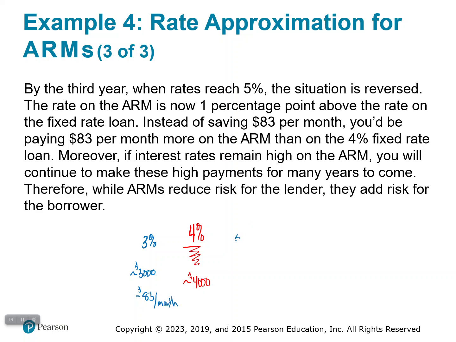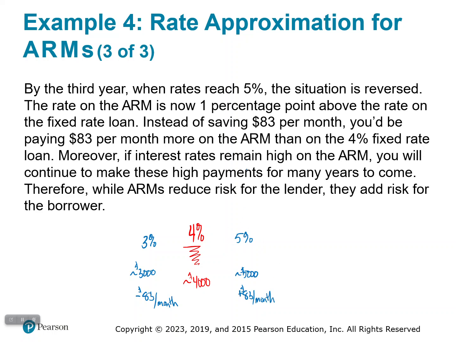But after 5 years, when that adjustable rate jumps to 5%, and we're now paying about $5,000 in interest a year, that's $1,000 more. Now we're paying $83 more each month that maybe we weren't expecting.